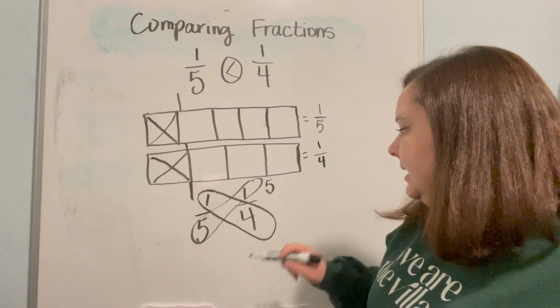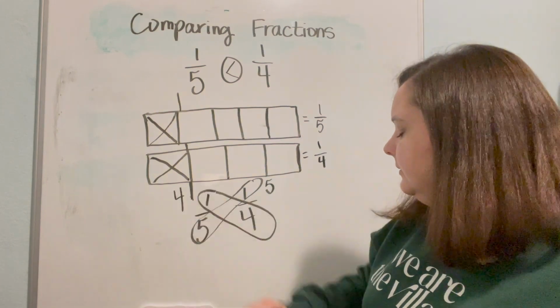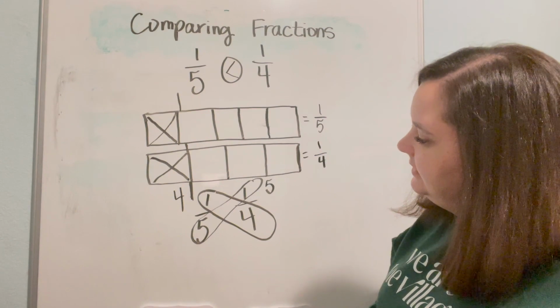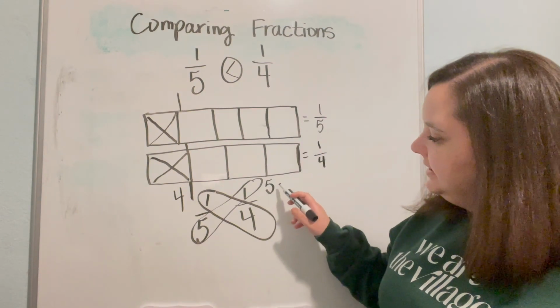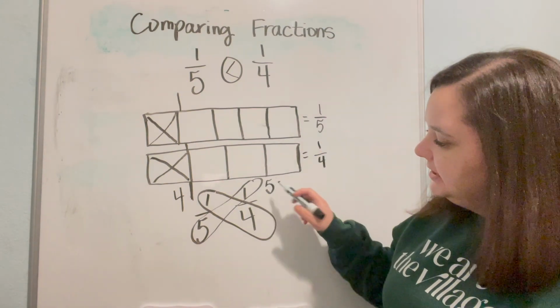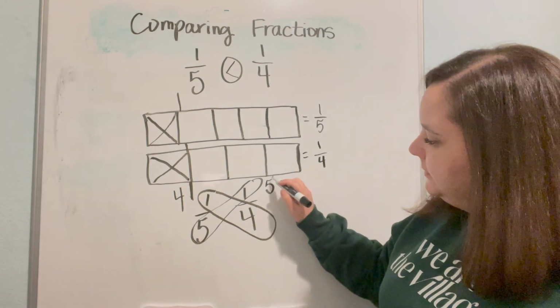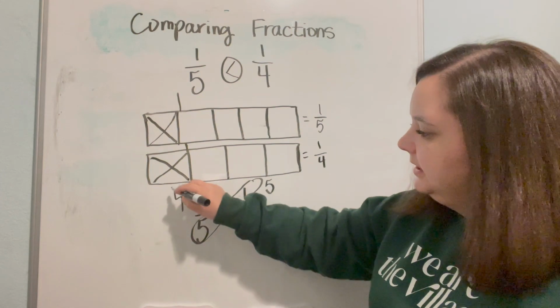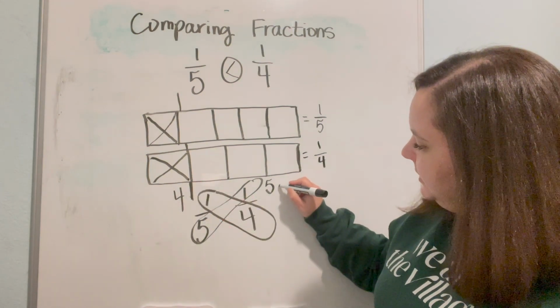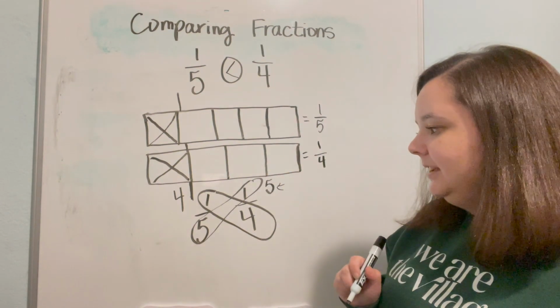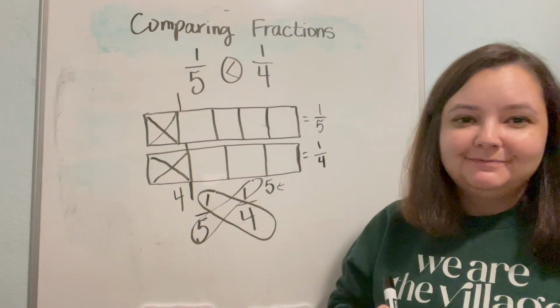Now I have 4 times 1, which gives me a 4. And the fraction that has the larger number or the larger product on its side is the fraction that is greater. So I can see I have a 5 over here and a 4 over here. So that means that this number is greater, which means that my 1/4 is greater than my 1/5.